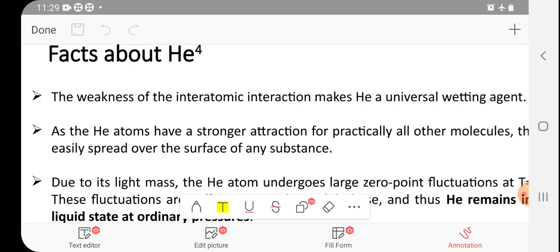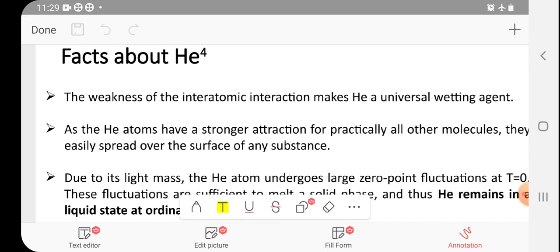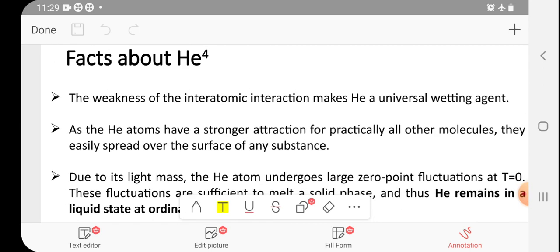So, the interatomic interaction is very small in helium. Second, as helium atoms have a stronger attraction for practically all other molecules, they easily spread over the surface of any substance.